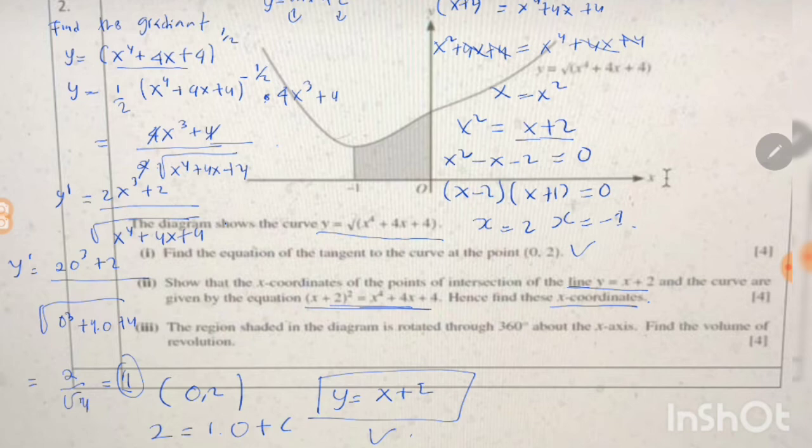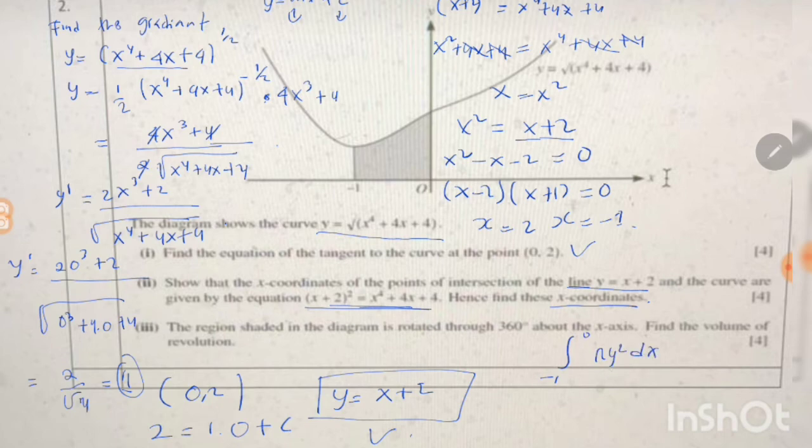And then for part ii, the region shaded in the diagram is rotated through 360 degrees about the x-axis. Find the volume of the revolution. Okay, to find the volume, we have the integral from negative 1 to 0 of π y² dx.